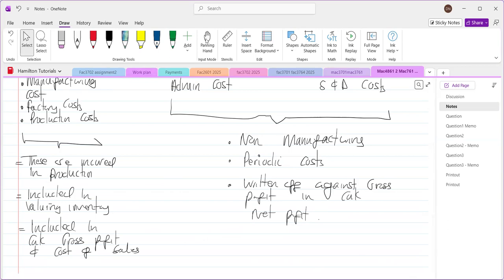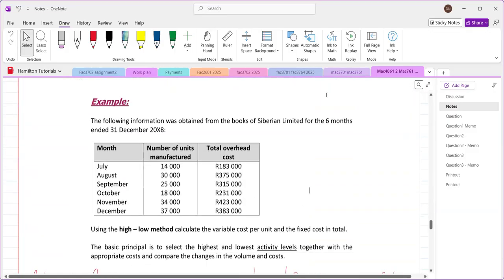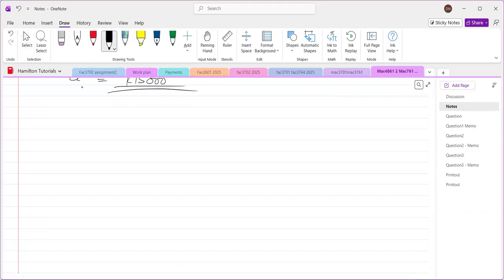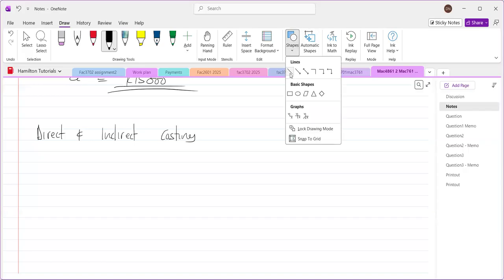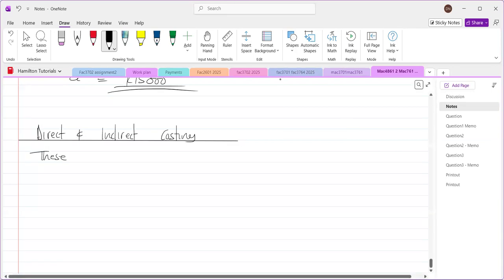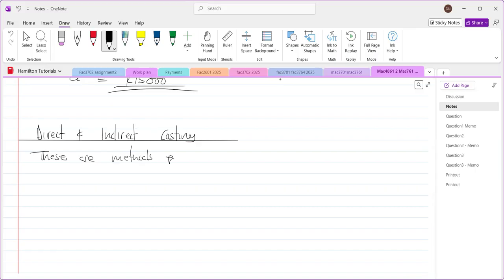Right, so we want to go now to the next topic, which is learning unit number 2 in MAC 4861. I don't know what learning unit number it is in MAC 3761, but we want to look at direct and indirect costing. So when we look at this now, these are methods for creating income statements.